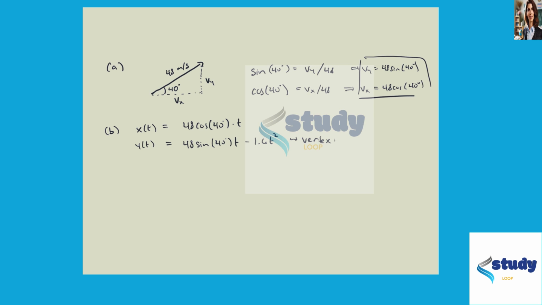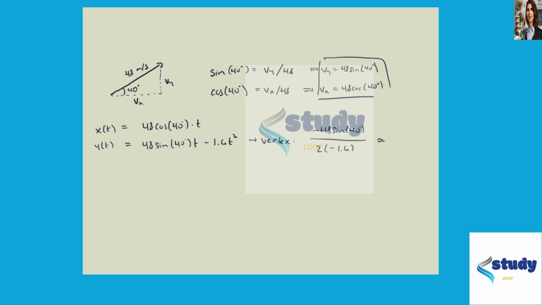So it's negative 48 sine of 40 degrees divided by 2 times negative 1.6, which is approximately 9.64. So the hang time is just going to be double that, about 19.28.